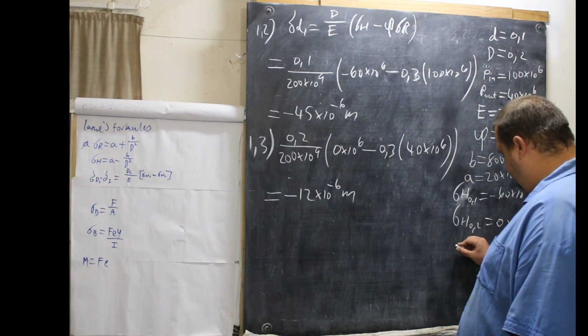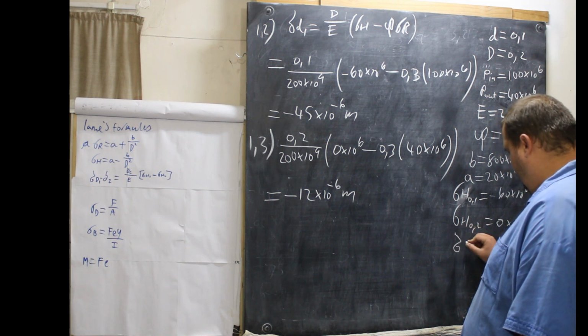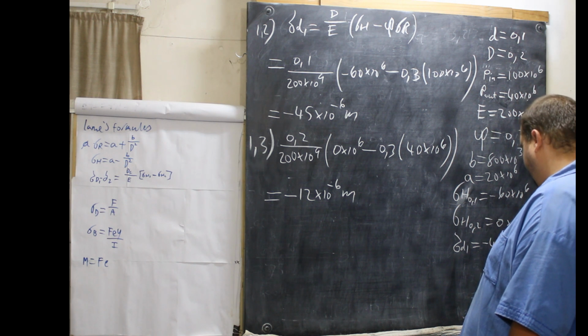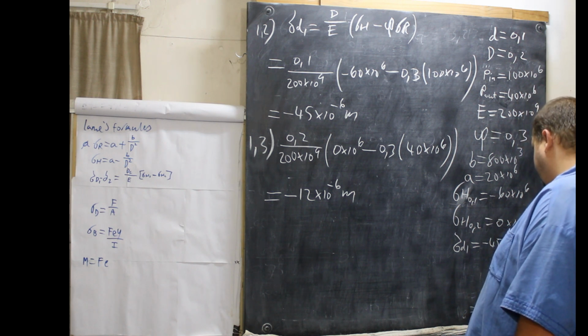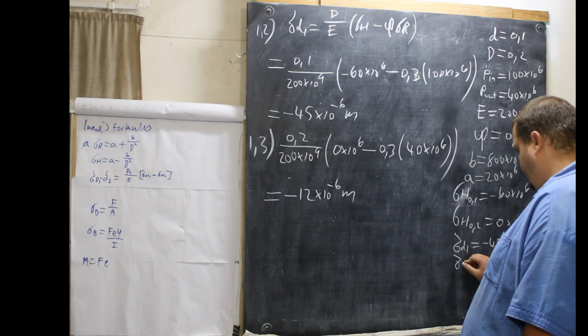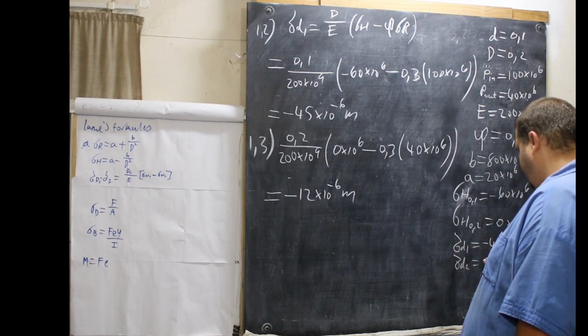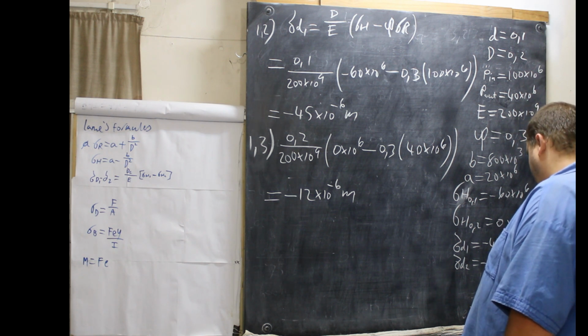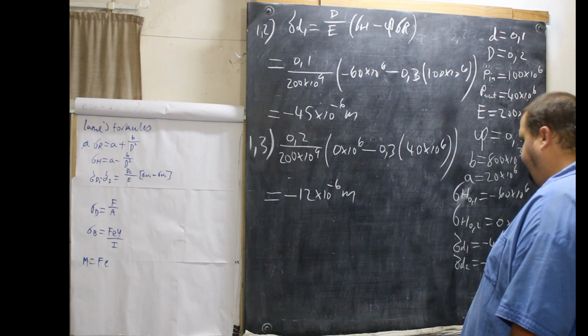Okay, so our D1 is negative 45 times 10 to the minus 6, and D2 is negative 12 times 10 to the minus 6.